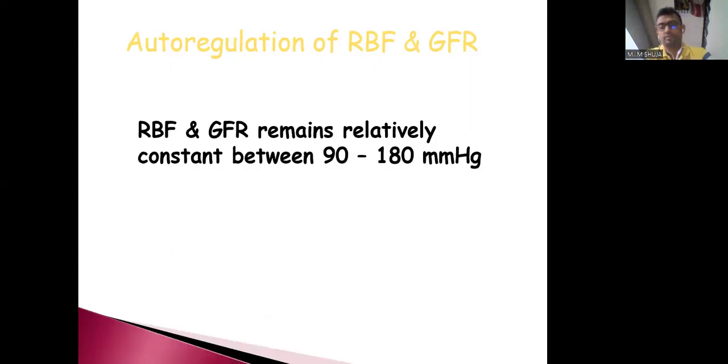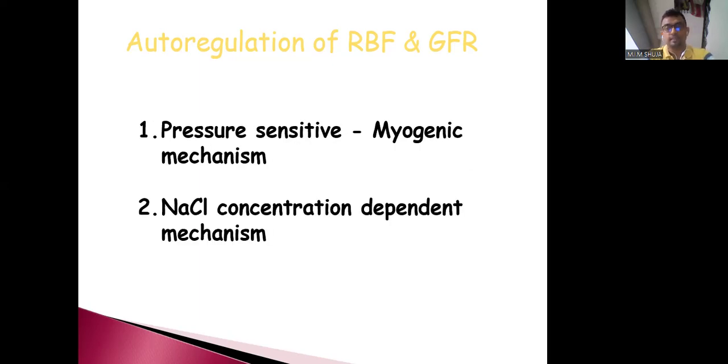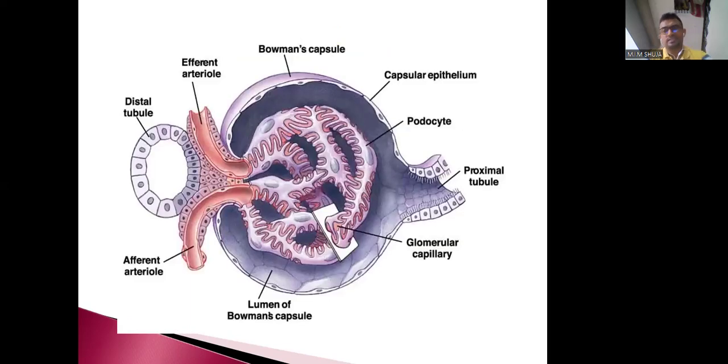Autoregulation range for renal is 90 to 180 millimeter mercury. So there are a pressure sensitive myogenic mechanism and a sodium chloride concentration dependent mechanism, both contribute to the autoregulation. This is just a cross section of the Bowman capsule and proximal tubule area.